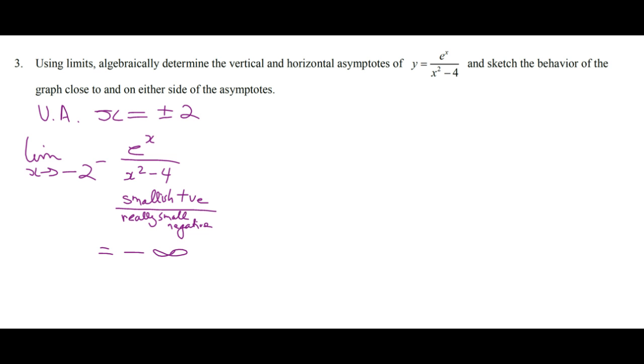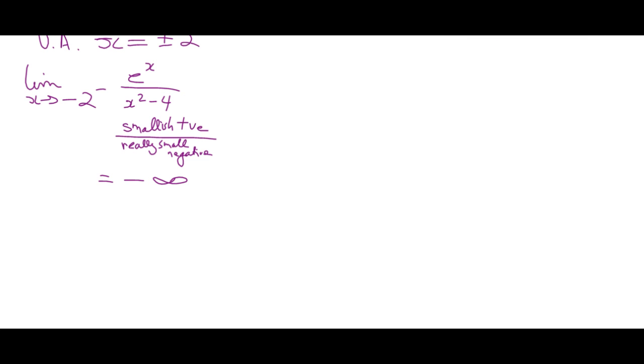All right, so negative 2 from above. You're thinking negative 2 from below, like negative 2.1, e to the x over x squared minus 4. The e to the x isn't going to change.